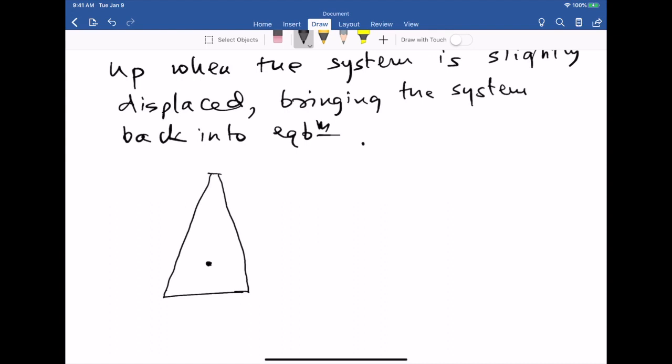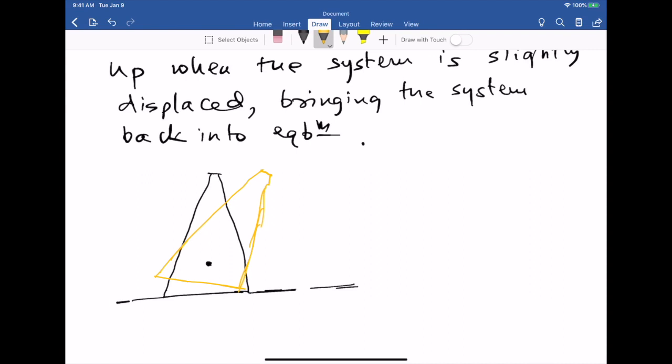Now is this in stable or unstable equilibrium? What would happen if you slightly tilt it? So this is the ground. If you were to slightly tilt this, let's draw the tilted version. It would look like this. I'm trying to keep the shape the same.